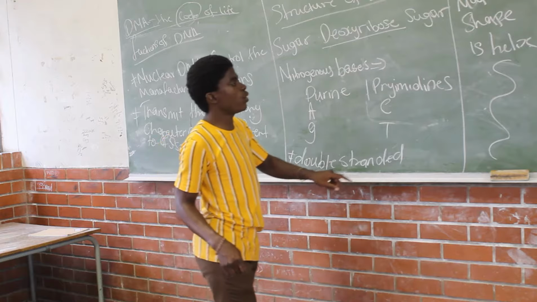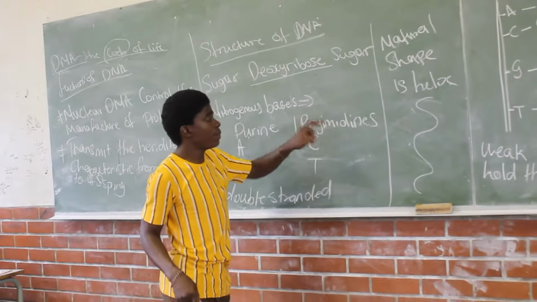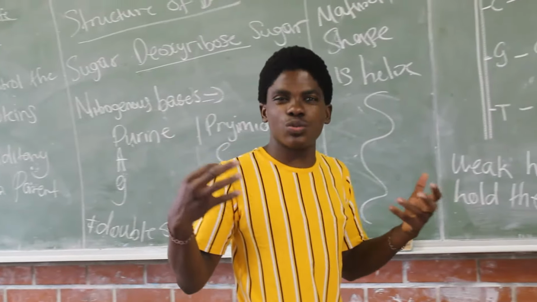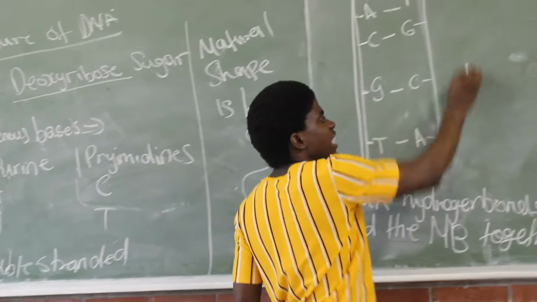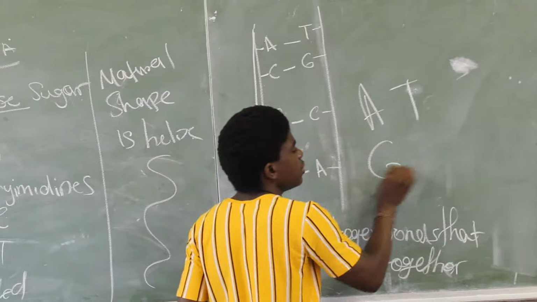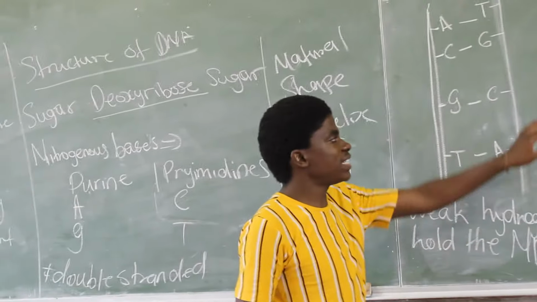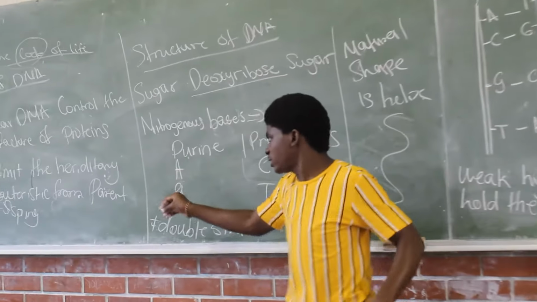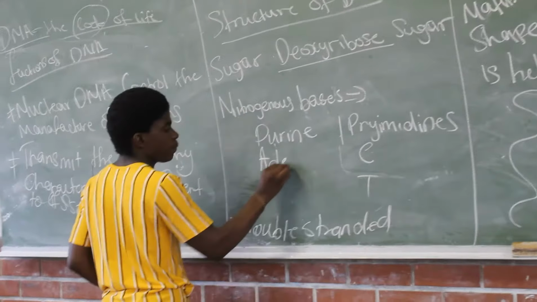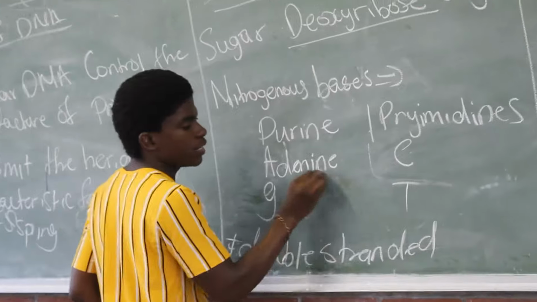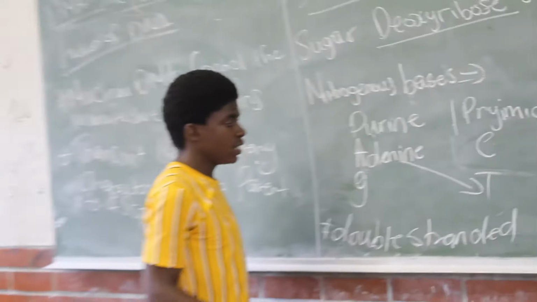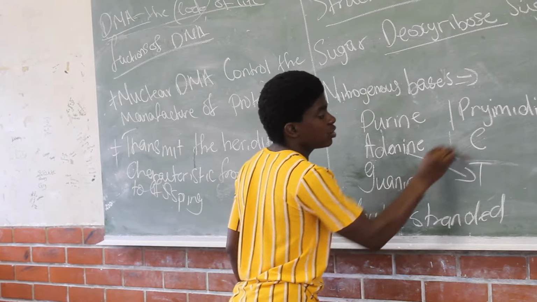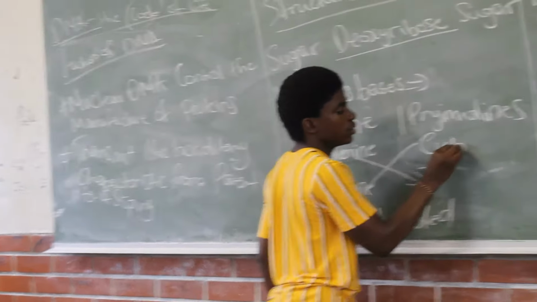So purines pair with pyrimidines. Another easy way to understand them is just say AT GC. By saying AT GC, we are saying adenine pairs off with thymine, and then guanine pairs off with cytosine.